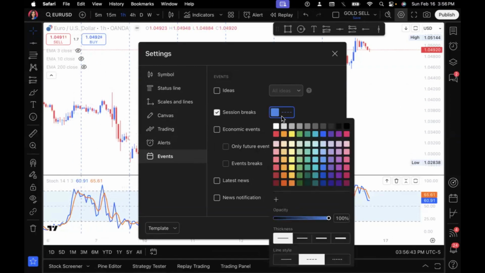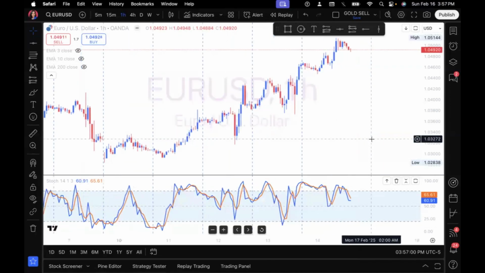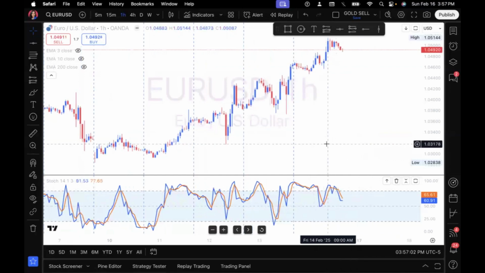If you wanted to change the way your session breaks look, whether it was a straight line, a dotted line, or a thicker dotted line, that's completely up to you. You can also change the thickness of this line as well, but I tend to just leave it standard. We're going to hit OK, and we are going to get into it.